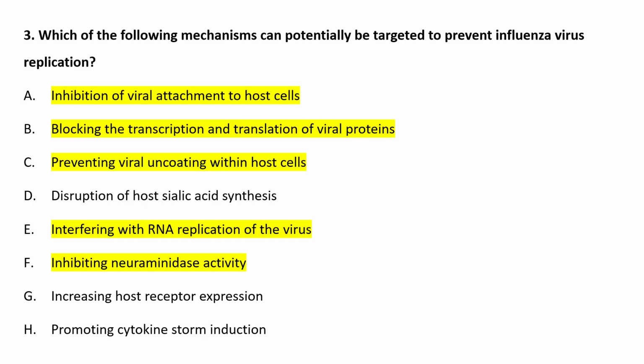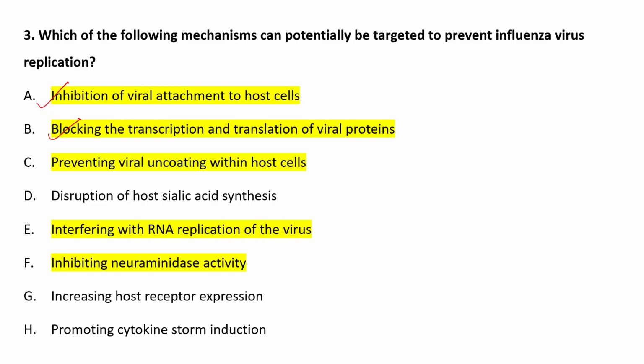Okay. In this question, we have discussed the complete mechanism of influenza virus infection, right from the beginning, the attachment. We can inhibit the viral attachment, but if it got attached, then we can block the transcription and translation of the viral protein so that it doesn't get replicated into more virus particles.